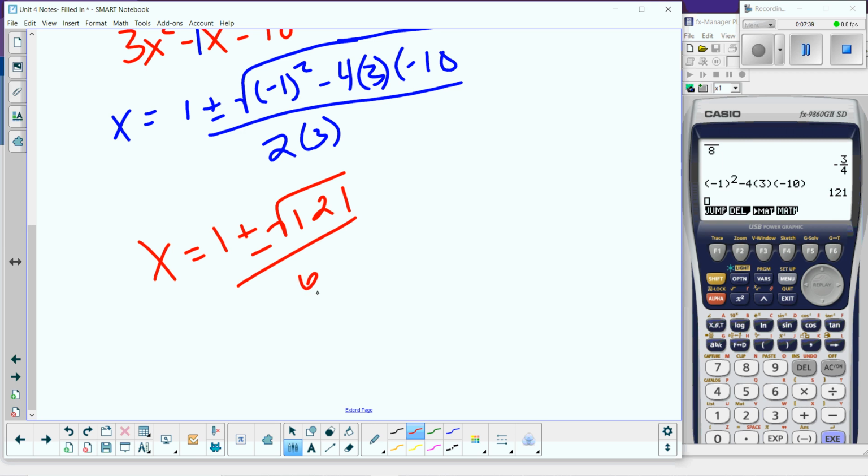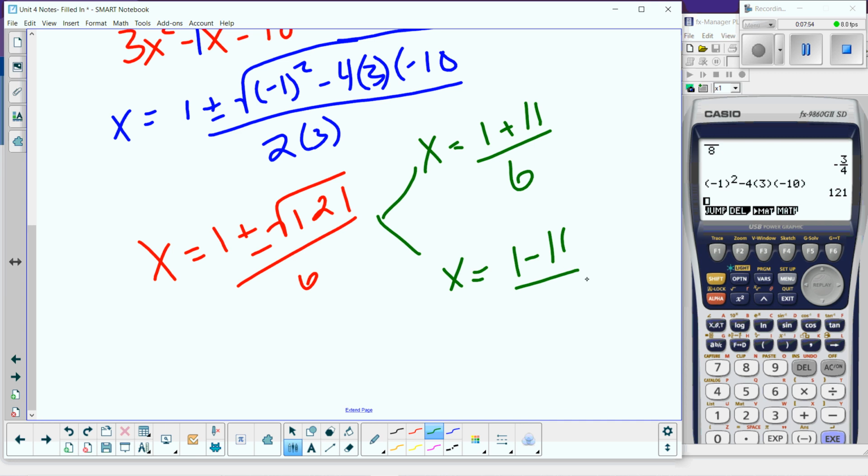And then this breaks into two equations. x equals 1 plus the square root of 121 is 11 over 6, and x equals 1 minus 11 over 6. So this one equals 2. And this one equals negative 10 over 6, which is negative 5 over 3.